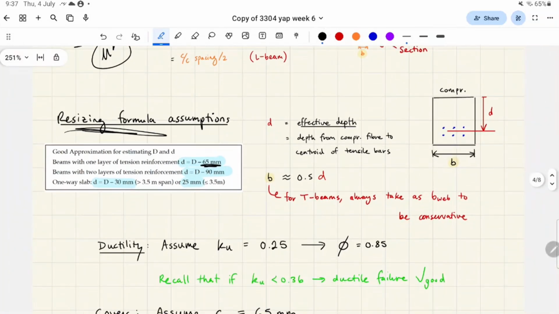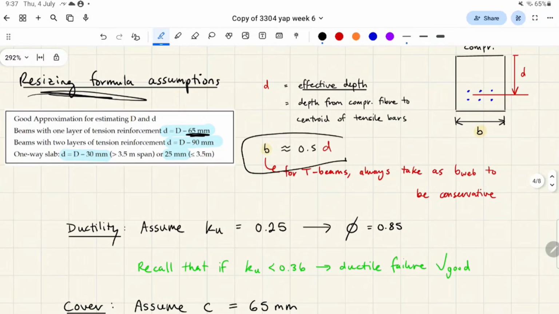Basically at this stage we set B equal to 0.5 D. This is another designer vibe value. If we're being physically accurate, it's the width of the compressive side of the T-beam.